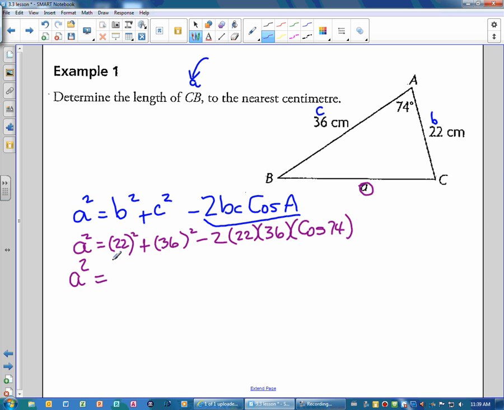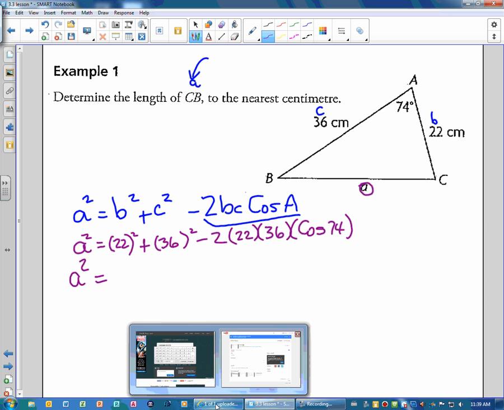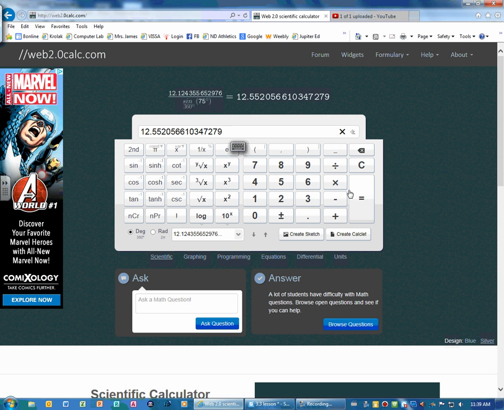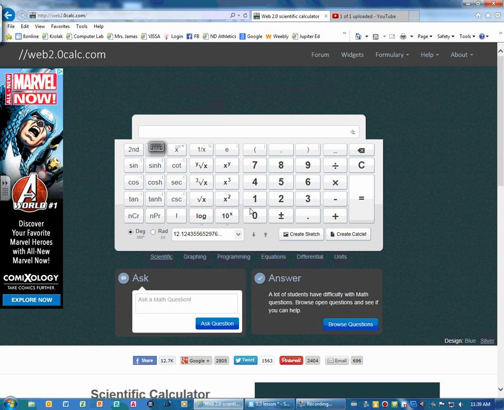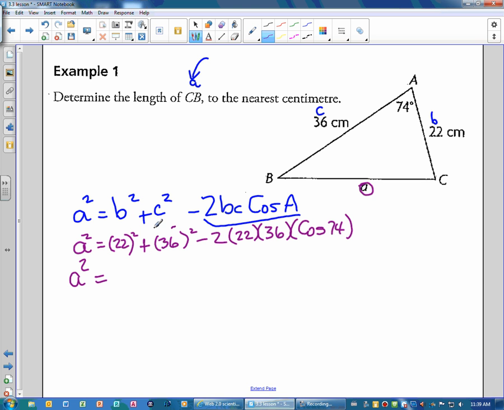All right, 22. So if you don't have your calculator, you can use our online calculator. 22, is there a squared button? There, 22 squared is 484. 22 squared, or 484, plus 36 squared.